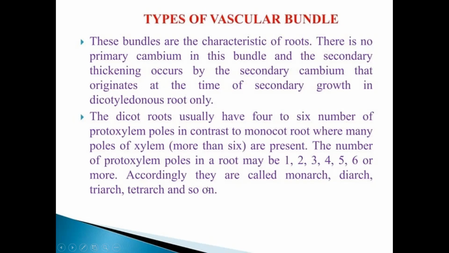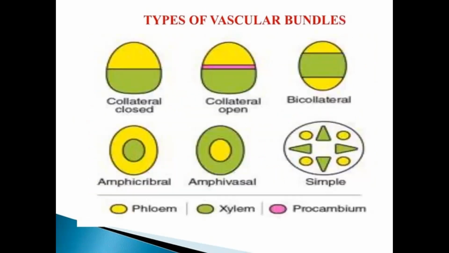Accordingly, they are called monarch if only one protoxylem pole is present. Diarch means 2 protoxylem poles. Triarch means 3 protoxylem poles. Tetrarch means 4, and pentarch, hexarch, like that. So based on the number of protoxylem poles, the names are monarch, diarch and so on.